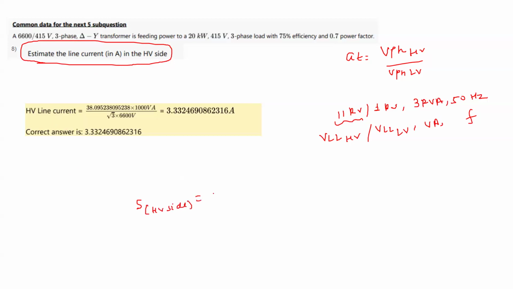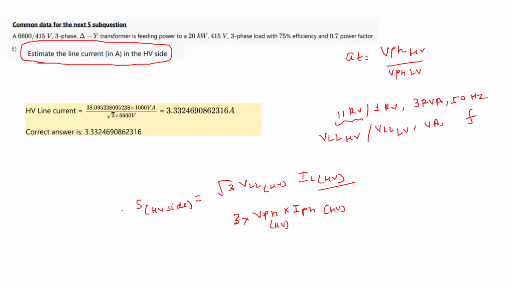S on the HV side is root 3 V line to line HV into I line HV. Okay, root 3 into VLL into IL, or 3 V phase into I phase on the HV side.